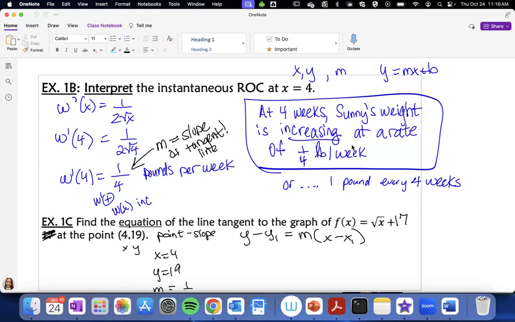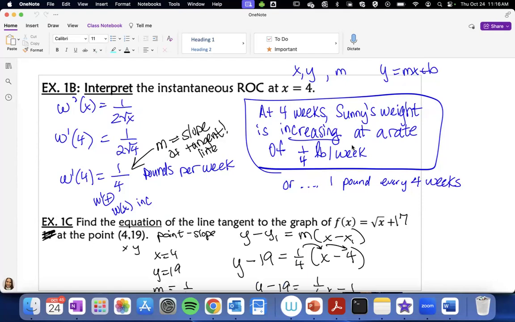So y minus 19 is equal to 1/4 times x minus 4. Okay. Sometimes I'll ask you to leave it in point slope. Let's go ahead and simplify it to slope intercept form. So we just distribute our 1/4. 1/4 x minus 1.